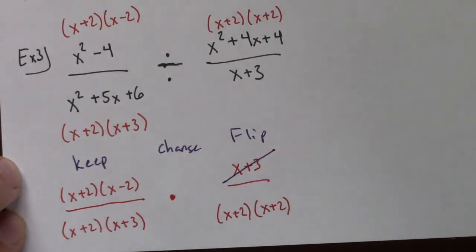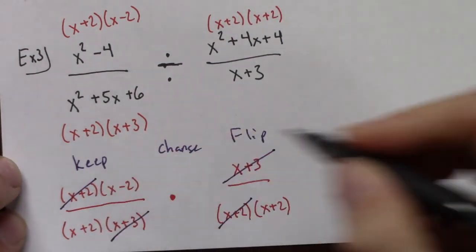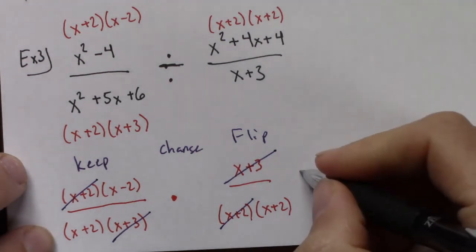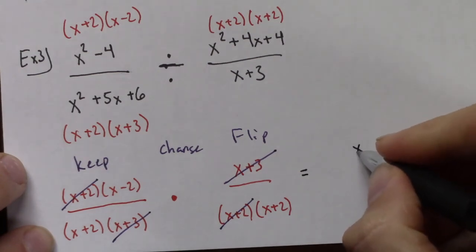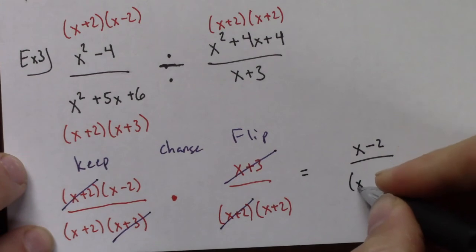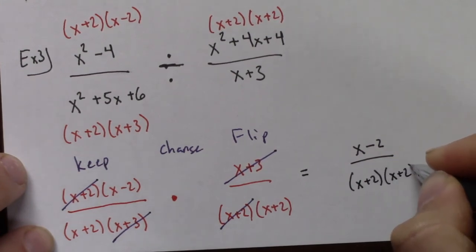So my x plus 3 term right here will cancel top and bottom. I've got an x plus 2, which will cancel top and bottom. And at this point, there is nothing left to cancel. So when I multiply straight across, I've got an x minus 2 on top. I've got an x plus 2, and there's 2 of them.